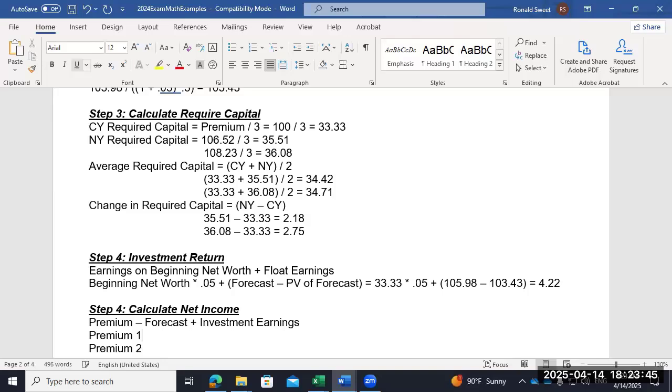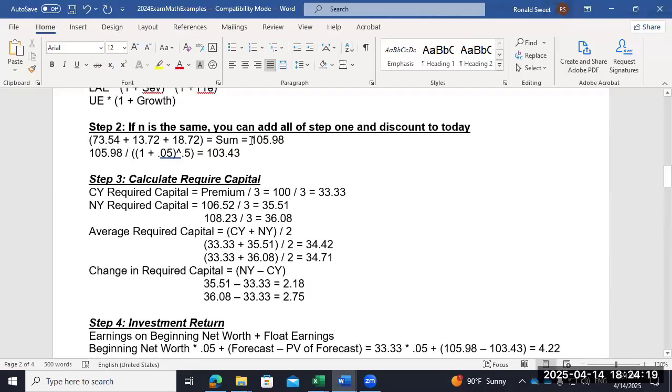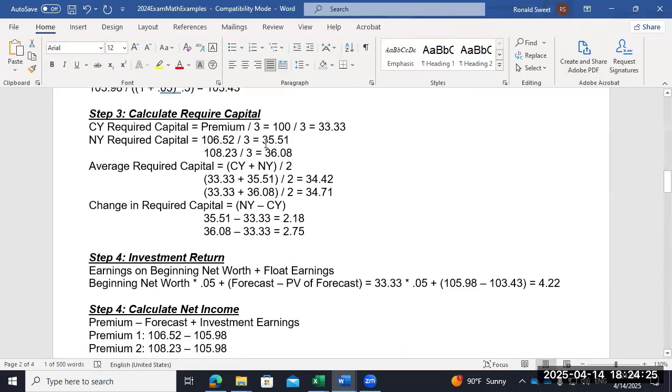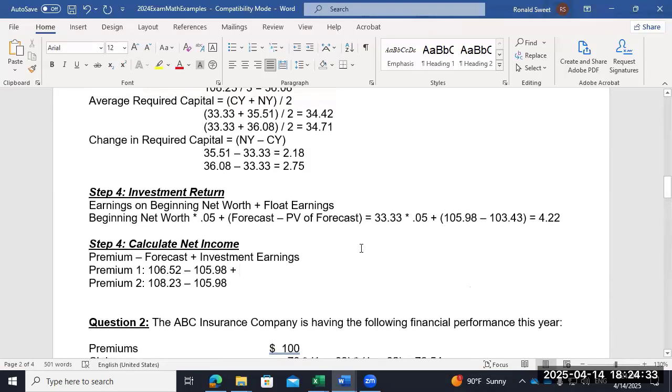Premium 1 and premium 2, so you will get two different answers from that. Remember that your sum of those forecasts is the same number no matter what your premium is, so that will be the same. So you just got to figure out the two incomes. And remember your investment income is the same.